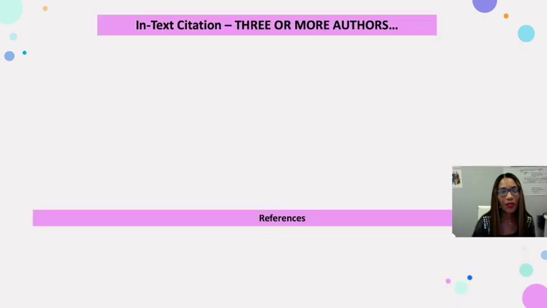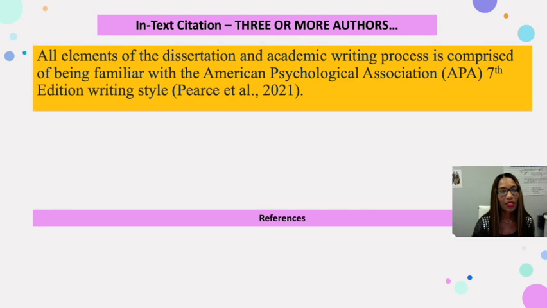If you have 3 or more authors, it's going to be a little bit different. For one author, you're just going to type in that single author's name. For 2 authors, you're going to type in both authors' names, and you're going to reference both of those authors as well. For 3 or more authors, the first author is going to be inserted.